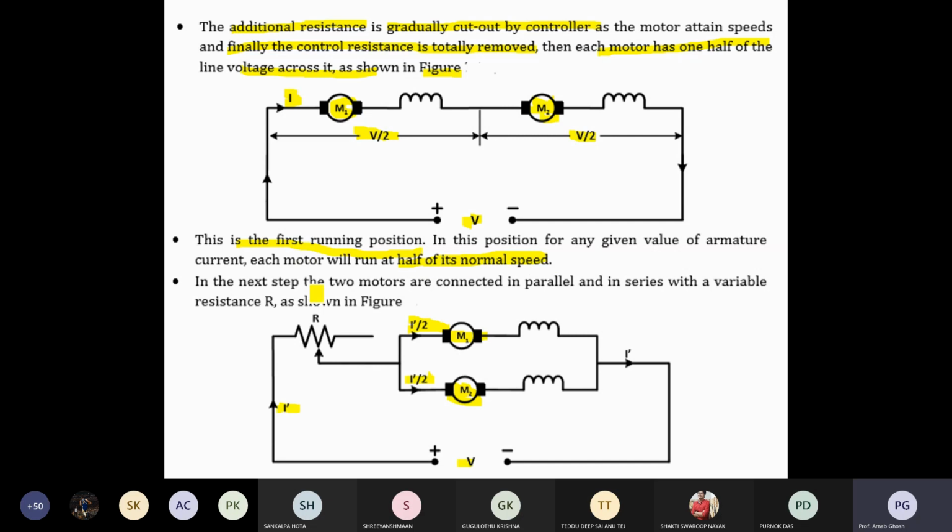In the next step, two motors are connected in parallel and in series with the variable resistance, as shown in the figure. Both figures are there, and you can understand the options, but resistance is there all the time. The resistance is for controlling the current. Without resistance, no connections are there.